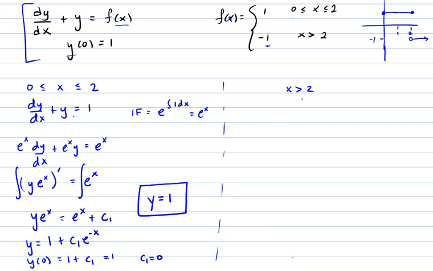Now, let's break this into two like this. If I'm thinking of when x is bigger than 2, then I have a different problem. I have dy dx plus y equals negative 1, because when x is bigger than 2, f of x is negative 1. Proceed in the same way. I still have the same integrating factor. You can check that. I'll go ahead and multiply times e to the x.